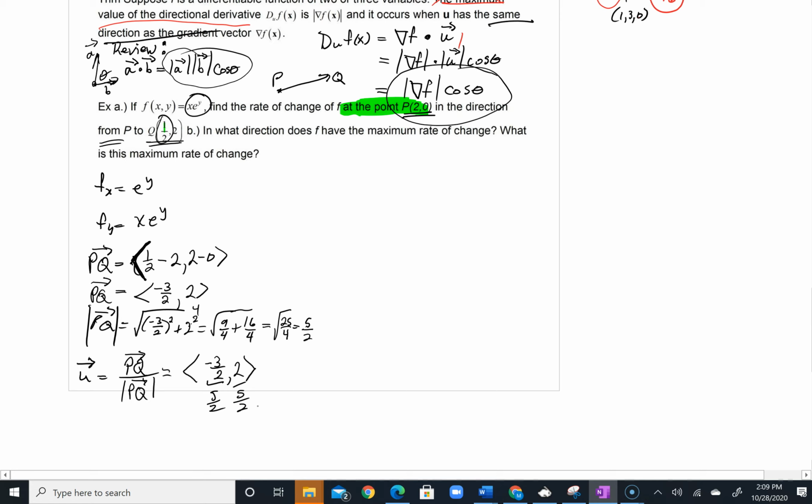That means that our unit vector, here you can see that your 2's would cancel out, and you'd be left with -3/5. And the 2 divided by 5/2 is like 2 times 2/5, which would be 4/5.